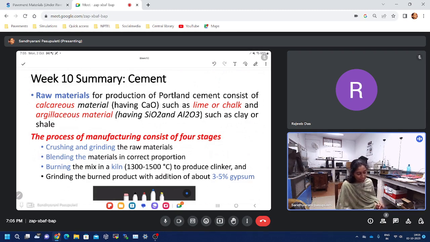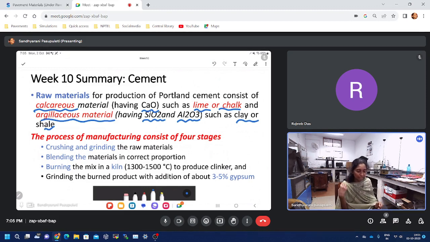So to get the calcium and silicate compounds, the calcareous materials, whichever have calcium oxide like lime or chalk, these have the calcium, and argillaceous materials which have silicon oxide and aluminum oxide such as clay or shale. So using these two main raw materials, we can actually produce the cement.